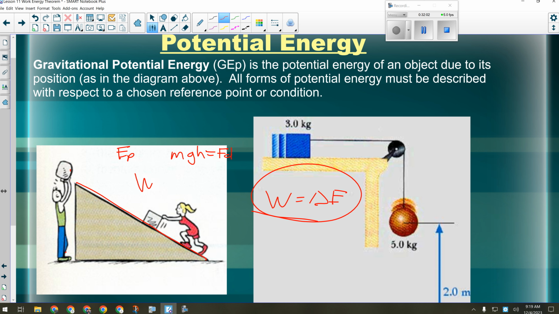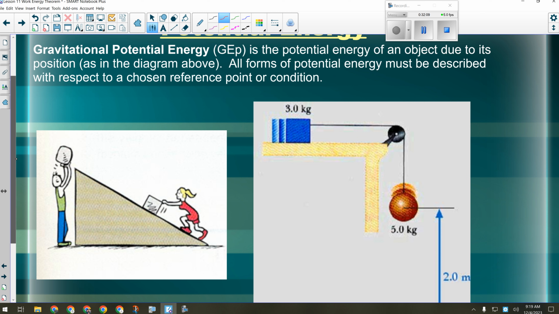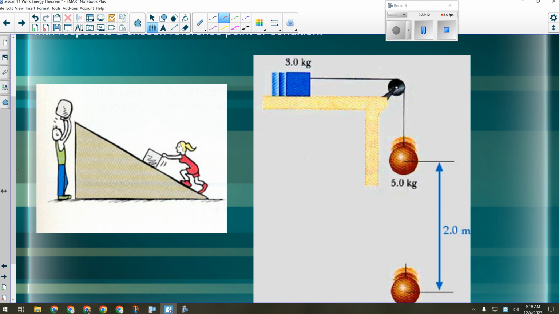Okay, in this situation here, with the pulley and the two masses, if I pull back on this block, assuming this table is frictionless, do I give the whole system energy? I do. All that energy, though, is in what form?